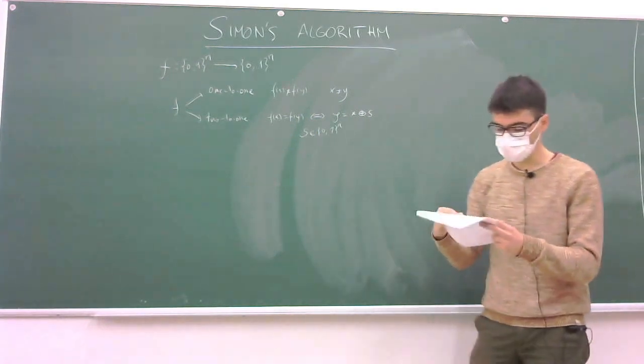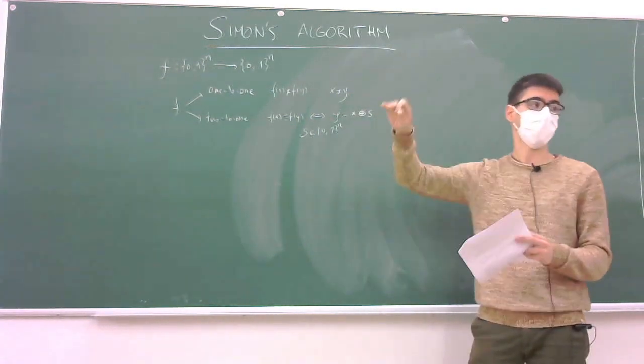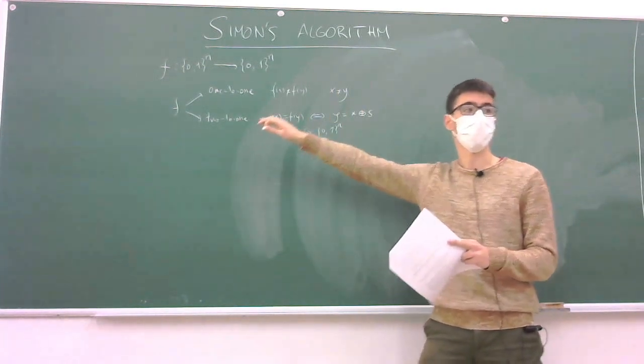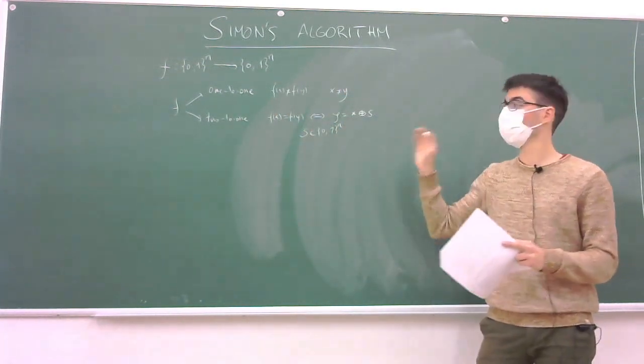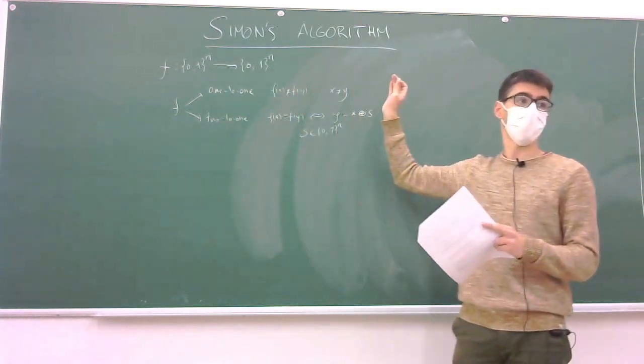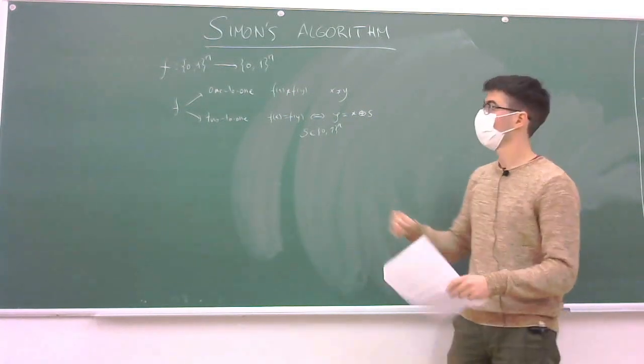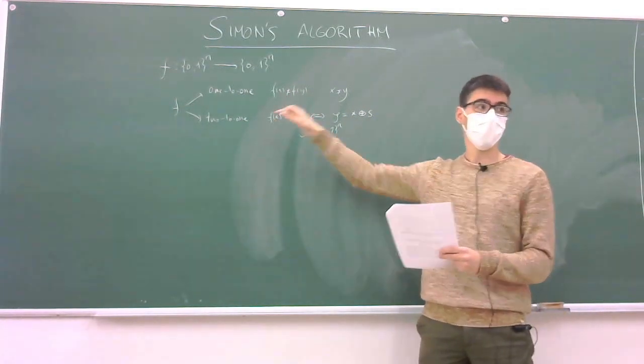Okay, so the first possibility is that f is one-to-one. That means for any two different inputs, we get two different outputs. And the second possibility is that it is 2-to-1. That is, only half of the outputs are considered because the inputs go in pairs to the same value.